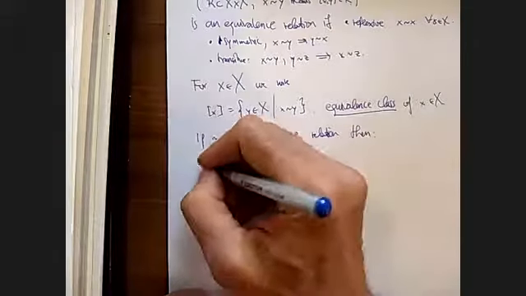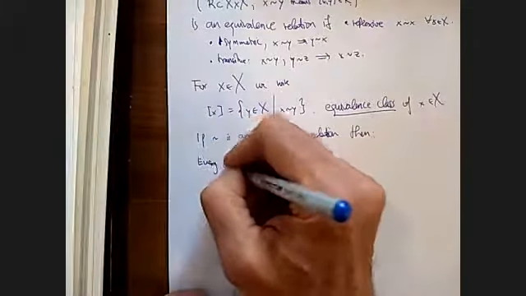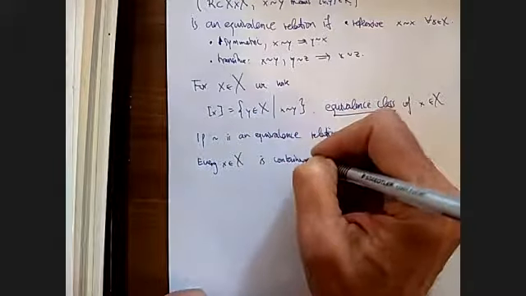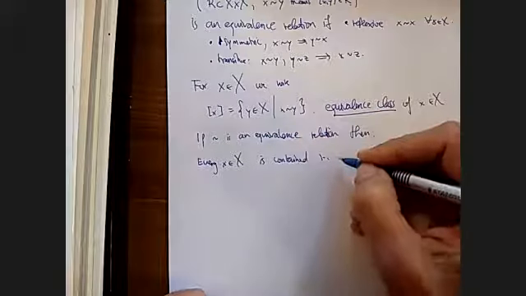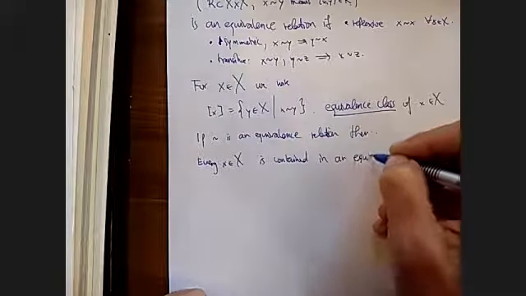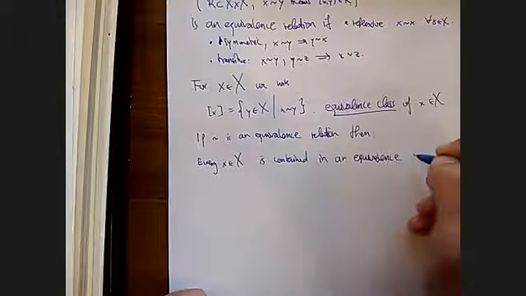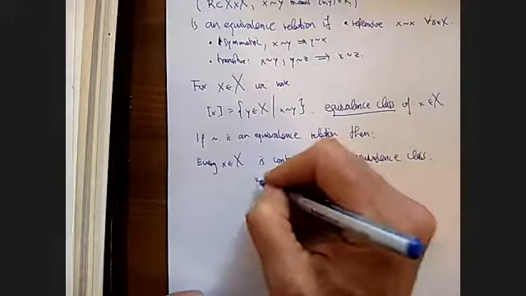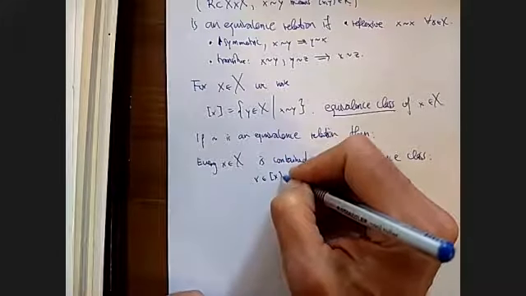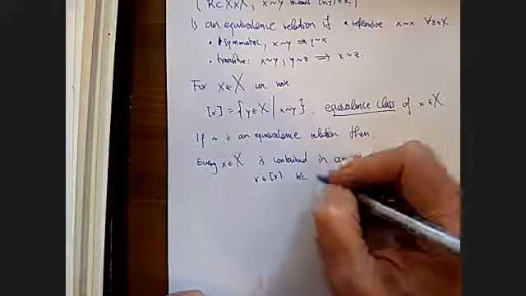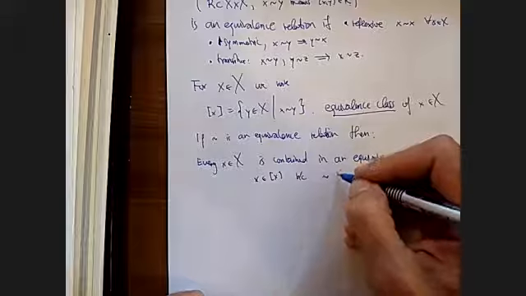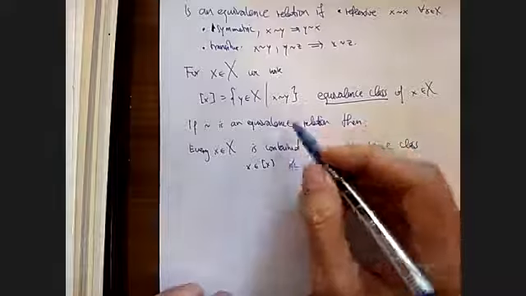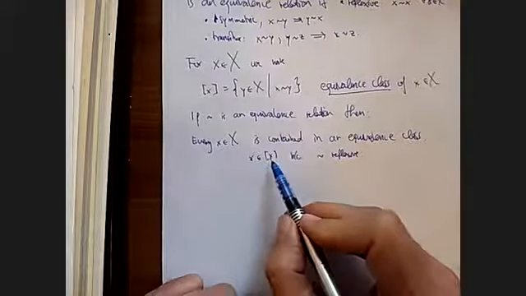So every X in X is contained in an equivalence class, namely, it's contained in its own equivalence class. X is in [X] because the relation is reflexive. X is equivalent to itself, so X is in its own equivalence class.